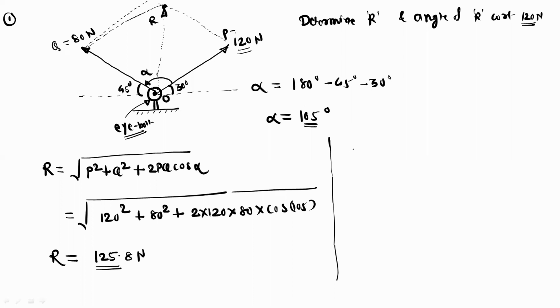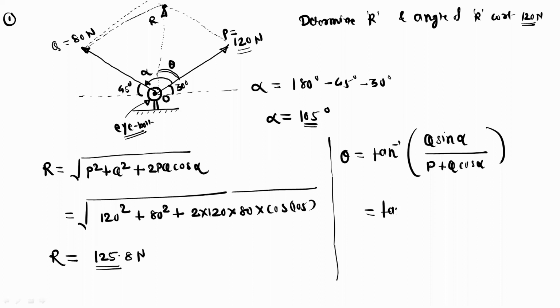Okay, so this angle is represented as theta with respect to P force, and the formula is theta is equal to tan inverse of Q sin alpha divided by P plus Q cos alpha.